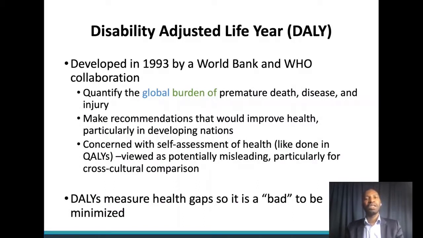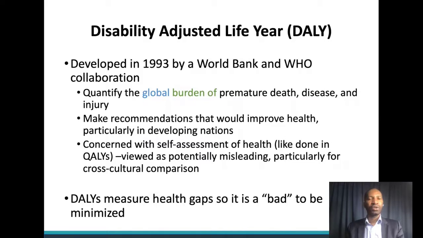What about disability adjusted life year? The DALY. These were developed in 1993 by the World Bank and the WHO collaboration. The goal was to quantify the global burden of premature death, disease, and injury, and make recommendations that would improve health, particularly in developing nations.